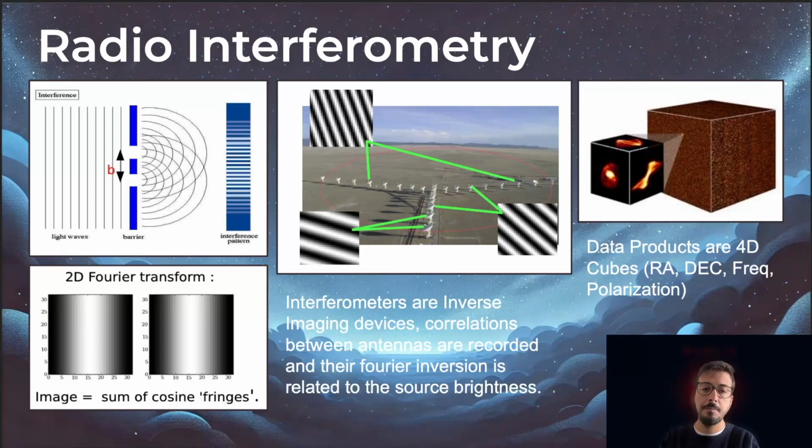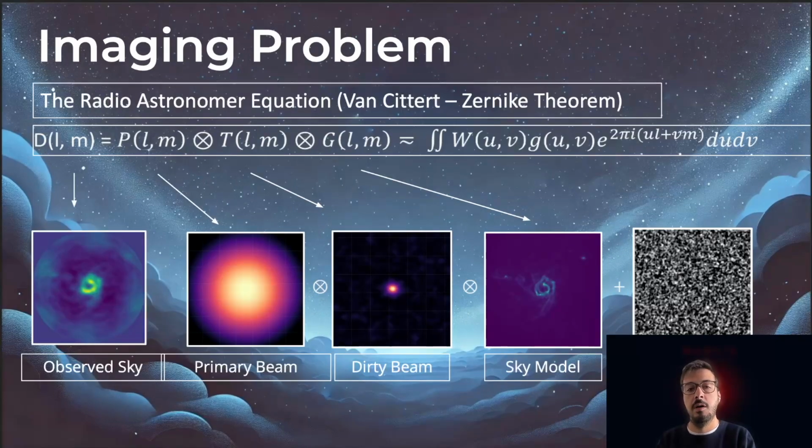observed frequencies. The imaging problem in radio astronomy comes from the fact that, due to the incomplete sampling of the UV space of the visibilities, in order to recover the true sky model from the observed sky, you need to deconvolve the observed sky by the dirty beam and primary beam, which are two complex spreading patterns: one comes from the gain pattern of the antennas and the other from the incomplete Fourier sampling.